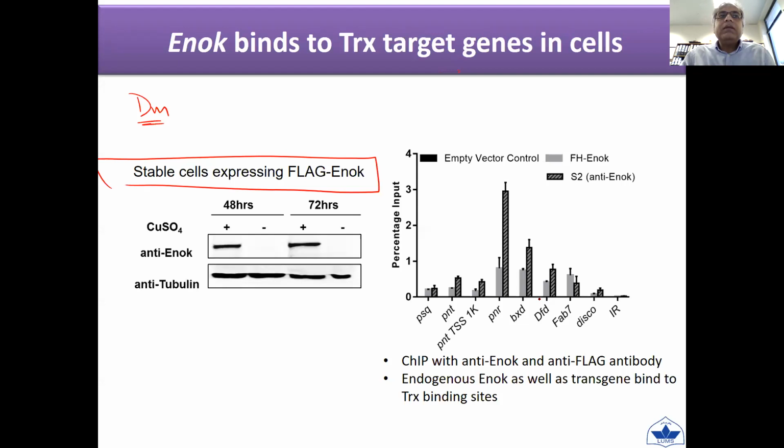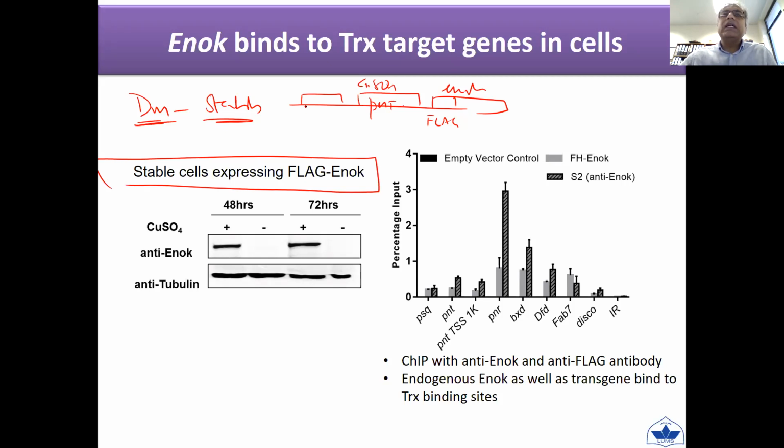Yeah, yeah. Then what we did, we generated stable cells. And what Jawad did, he cloned ENOC, and ENOC was tagged with flag epitope. This construct had PMT promoter, which is a copper sulfate inducible promoter.